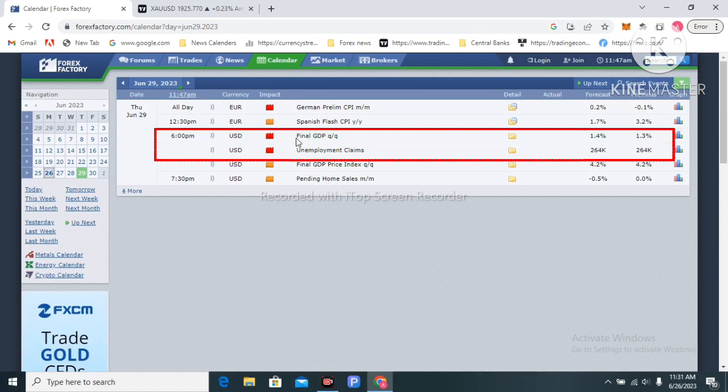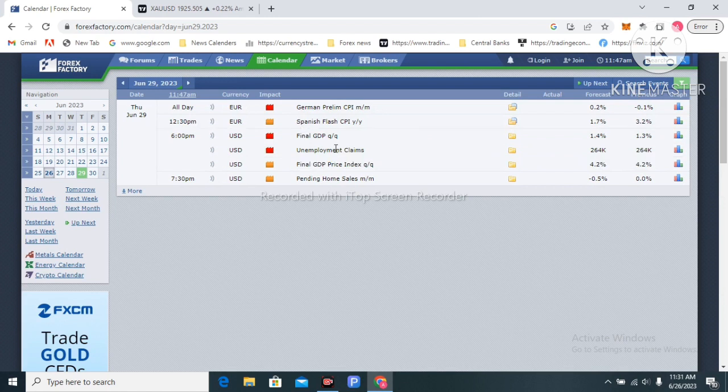That's very important economic data if you are trading the US dollar, especially if you are trading gold. The previous quarterly GDP of the US dollar was 1.3%, and the forecast for the next GDP data is 1.4%.